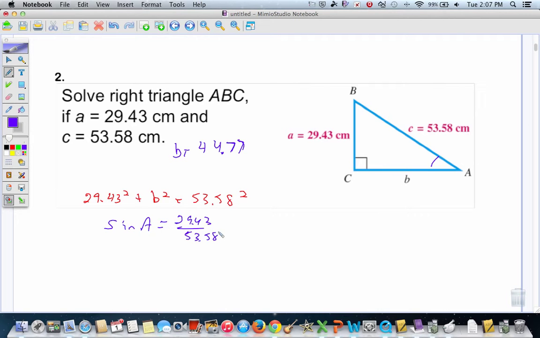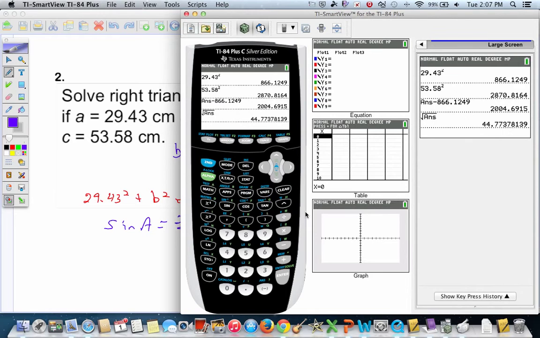Now, if you recall, this 29.43 divided by 53.58 is a ratio, so we use our inverses to come up with that. On my calculator, I would do it all at once. Second sine, inverse sine of 29.43 divided by 53.58.